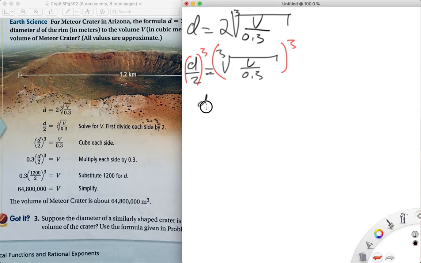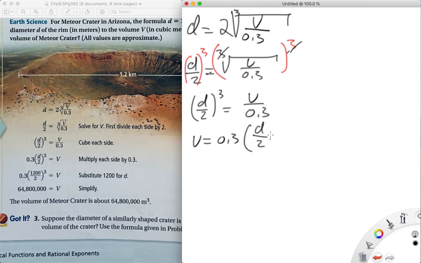So I have (d over 2) raised to the third power equals v over 0.3, because the cube and cube root cancel. Then multiply by 0.3, and I get that volume equals 0.3 times (the diameter of the crater over 2) cubed.